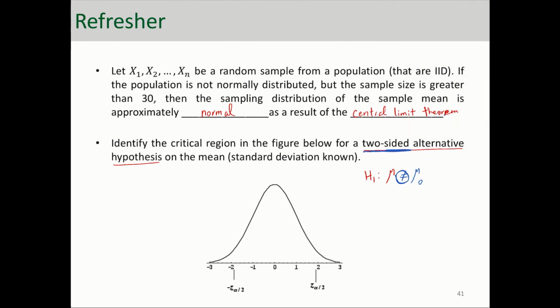We already talked about this type of hypothesis testing before, and we know that the critical region is these two areas, where if our test statistic ends up above z of alpha over 2 or below negative z of alpha over 2, we would reject the null hypothesis.